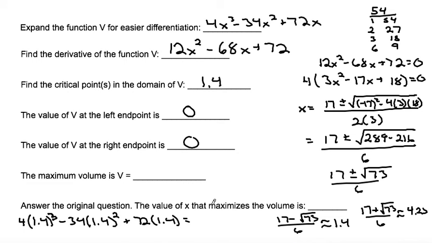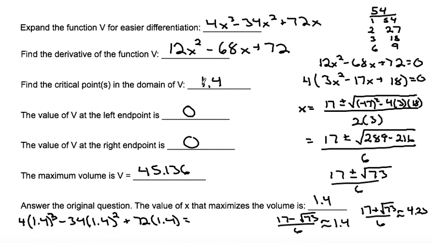That is 45.136. So our maximum volume is 45.136. And the last question says to answer the original question: the value of x that maximizes the volume is 1.4.